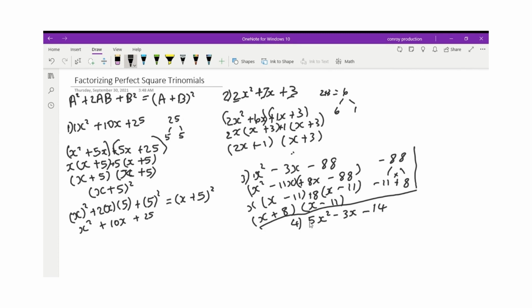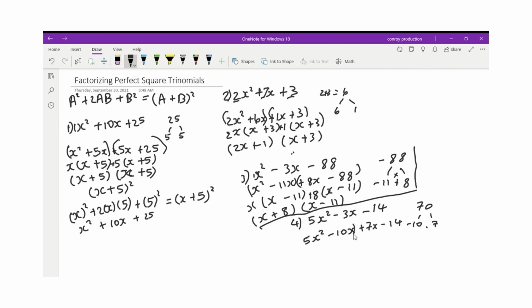We know 5 times 14 gives us 70. We need two factors of 70 that when we add, we get minus 3, and when we multiply, we get back 70. Negative 10 and 7. So we're going to replace the middle term by these two factors of x: 5x squared minus 10x plus 7x minus 14.